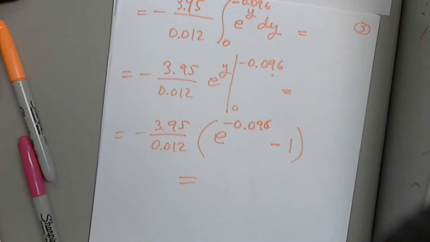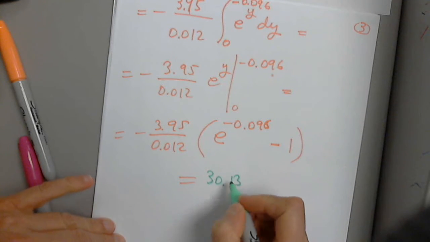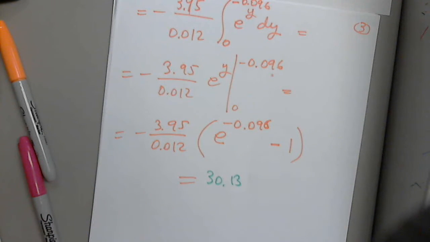Be very careful how you put it in because you will get different answers. So the answer is approximately 30.13. So what does this mean? 30 divorces per 1,000 people.